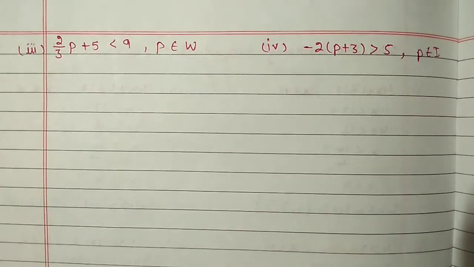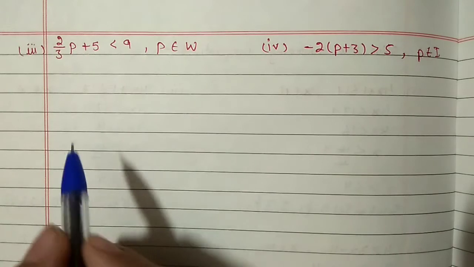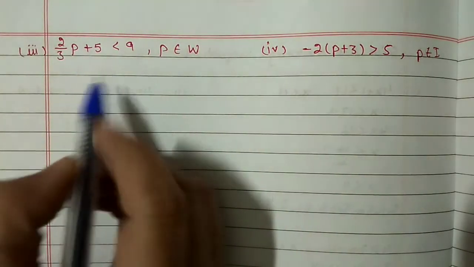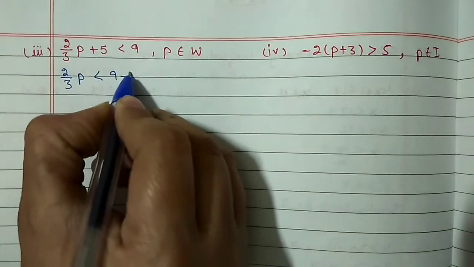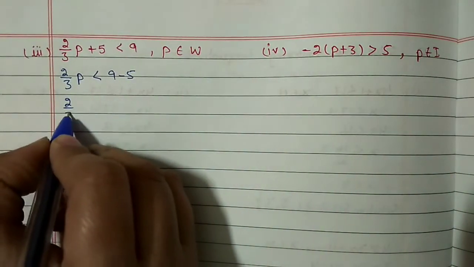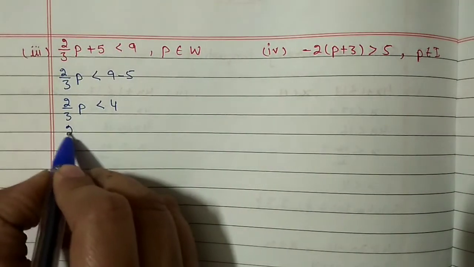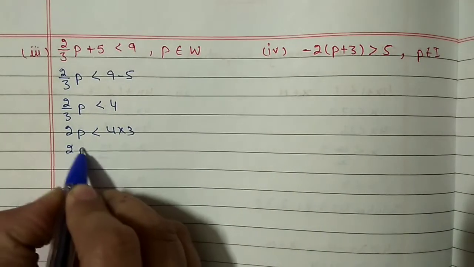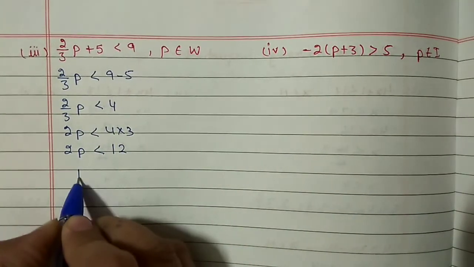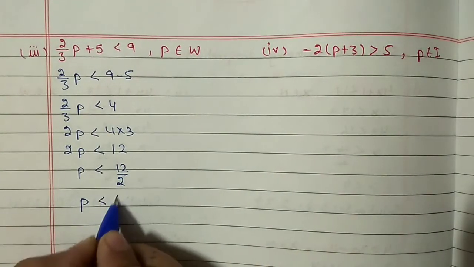Next, third part of question number 7, (2/3)p + 5 < 9, and p belongs to whole numbers. So first we will simplify. 5 we will shift to the other side, it will become (2/3)p < 9 minus 5, or (2/3)p < 4. This 3 also we can shift to the other side, so 2p < 4 into 3, 2p < 12, or we can write p < 12/2, means p < 6.